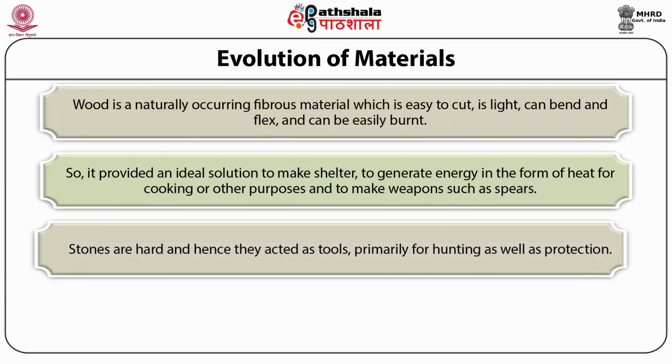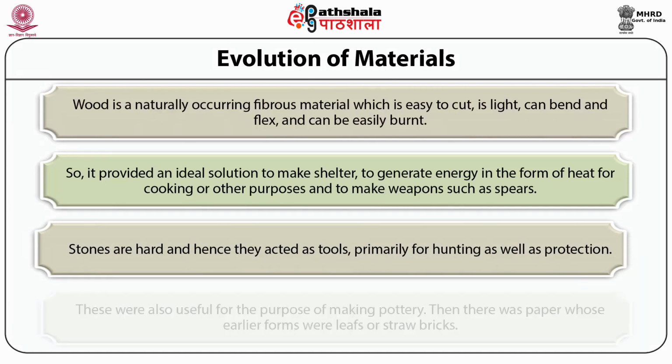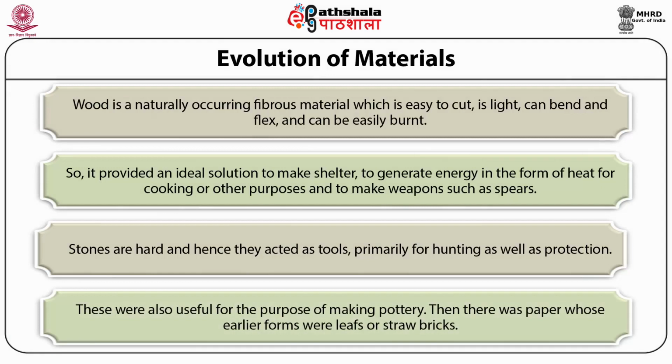Stones are hard and hence they acted as tools, primarily for hunting as well as protection. These were also useful for the purpose of making pottery. Then there was paper, whose earlier forms were leaves or straw bricks.